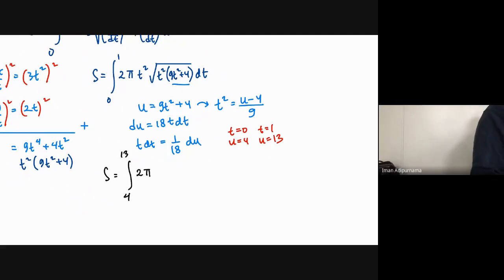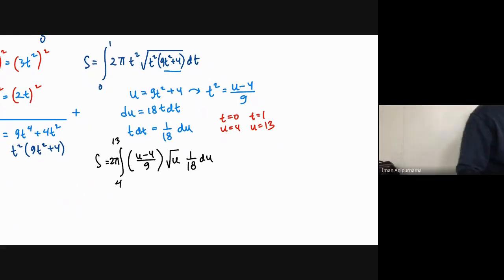So 2 pi, or let me write 2 pi outside. 2 pi, so u minus 4, 9, and then square root of... Okay.